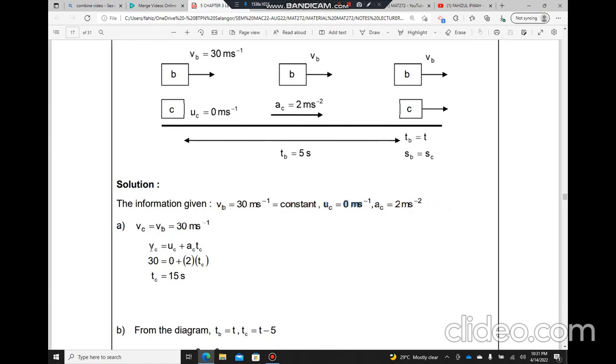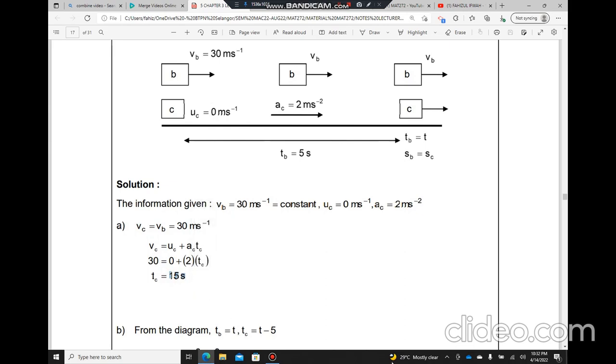So we can use the formula V equals U plus AT, for the car. Since we want the same velocity as the bus, we assume the velocity of the car is 30 m/s, the same as the bus. So 30 equals 0 plus 2 times T, and we find time equals 15 seconds.